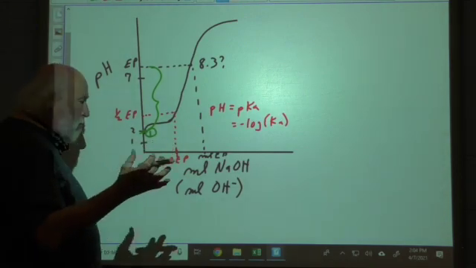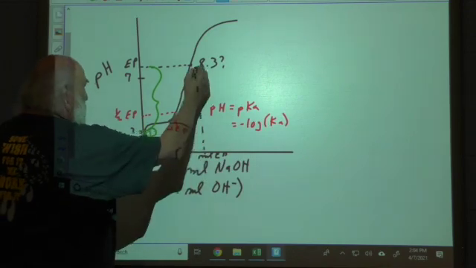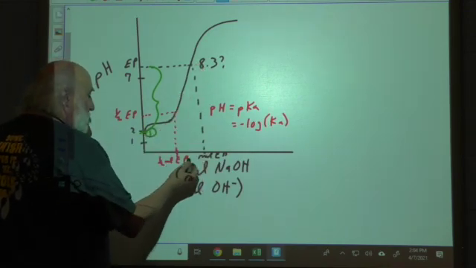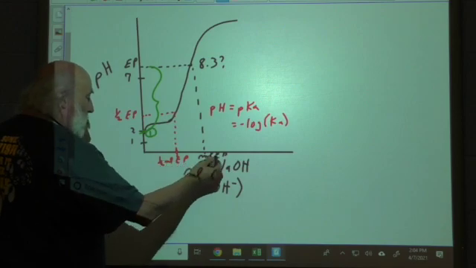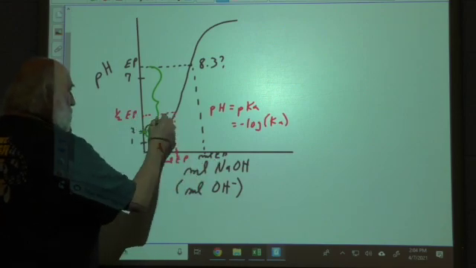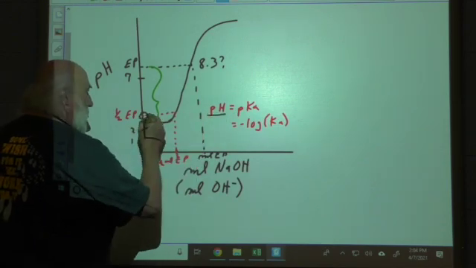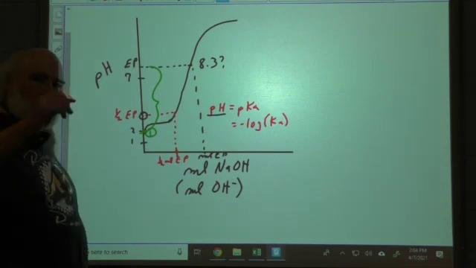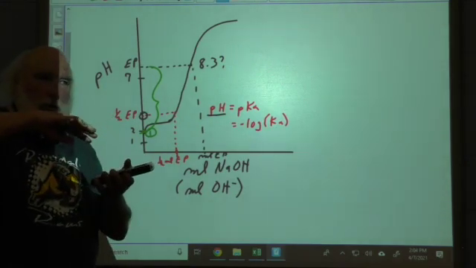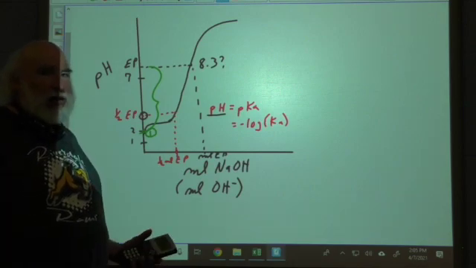because at the half equivalence point, what's the half equivalence point? That's the point at which the number of milliliters it took to get to the equivalence point is divided in 2. So this is half the number of milliliters of the equivalence point, and we call this the half equivalence point. That pH right there is equivalent to the pKa. Remember, when I told you to take the log of two numbers that are equal that are dividing, that's what happens.